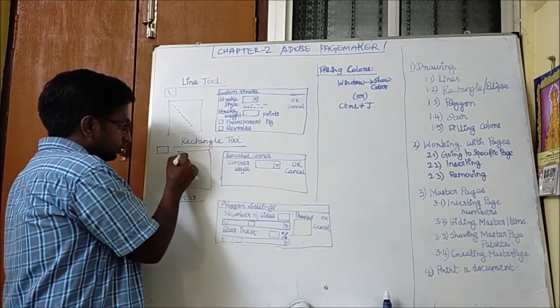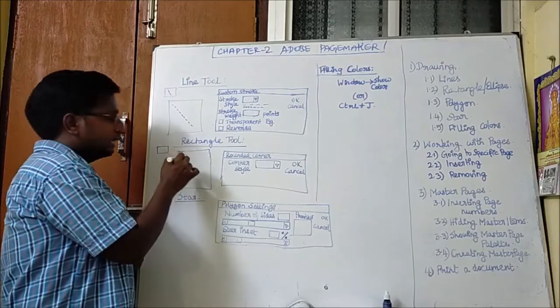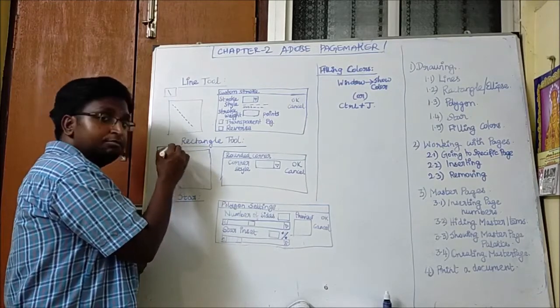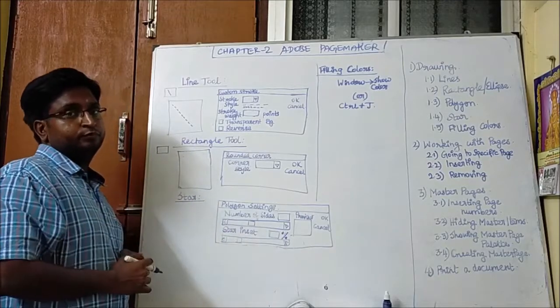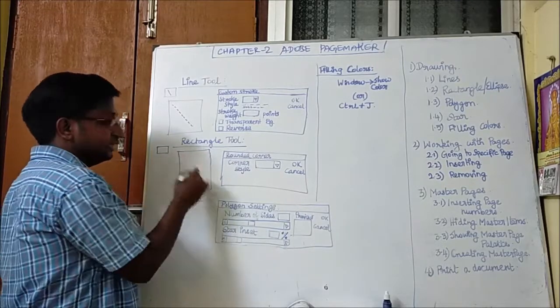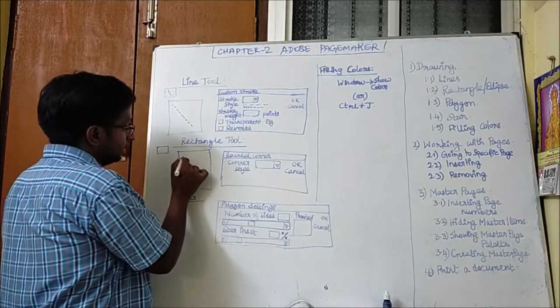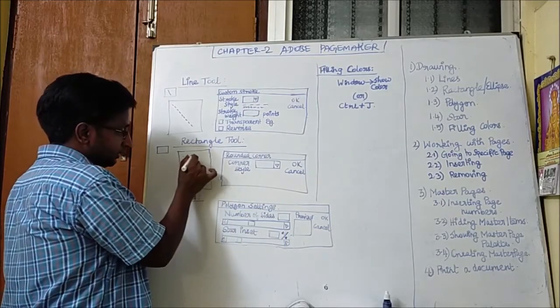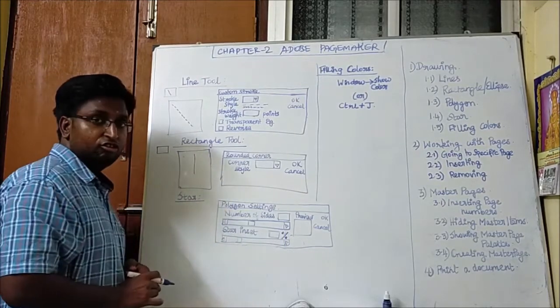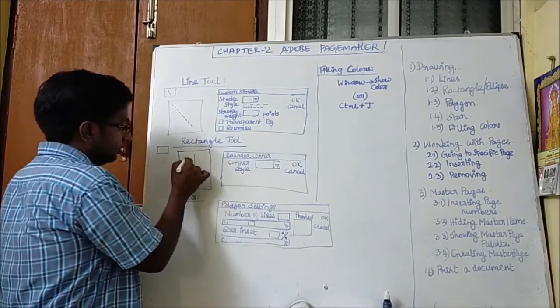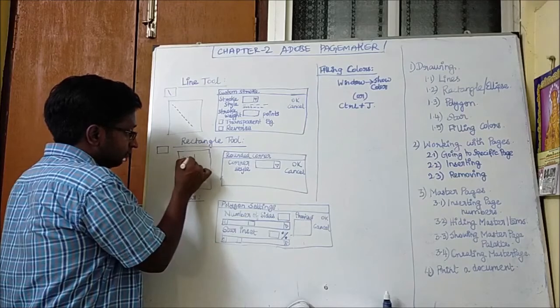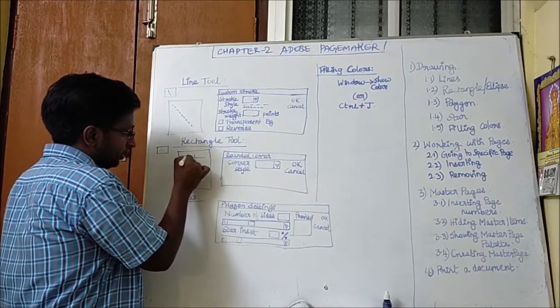Once you click the starting point, hold down the shift key. By pressing the shift key, it will drag from both the sides equally.